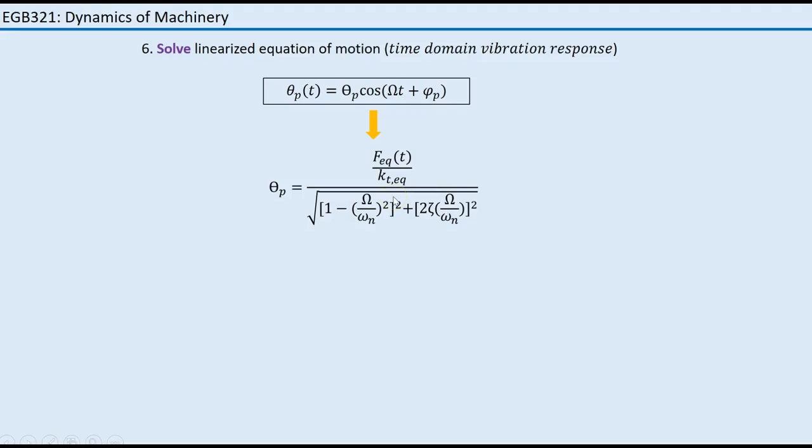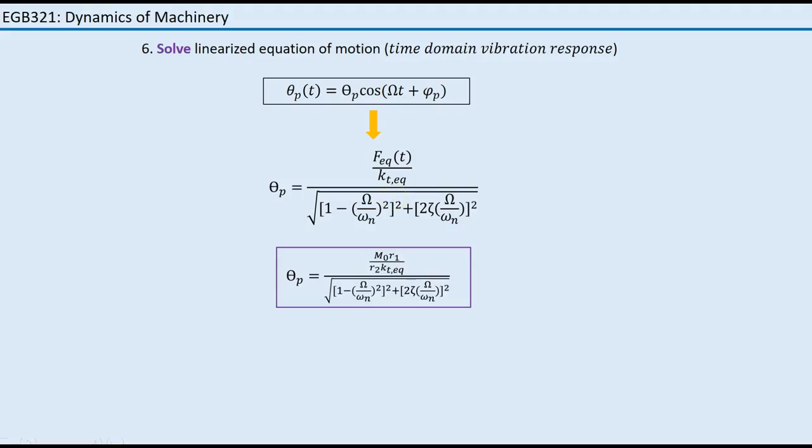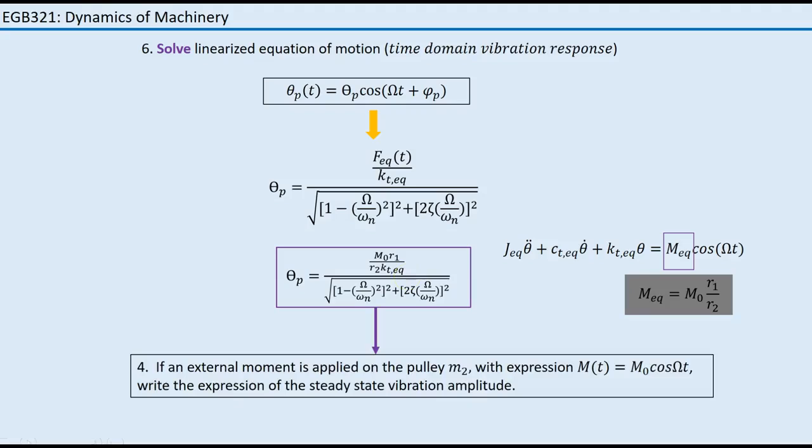Now if we consider our case, we get this kind of expression, where this numerator part we get from our system equation, moment equivalent, which is M0 R1 by R2, so M0 R1 by R2 K torsional equivalent. And that is our last answer, where we were asked to find the expression of steady state vibration amplitude.